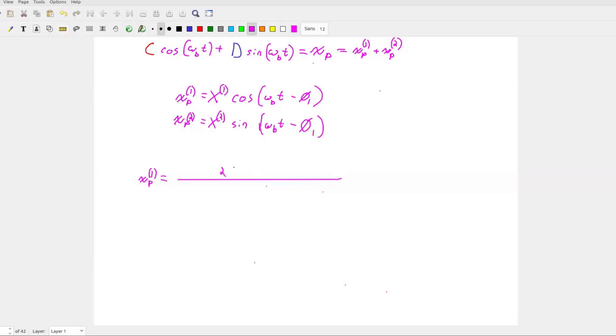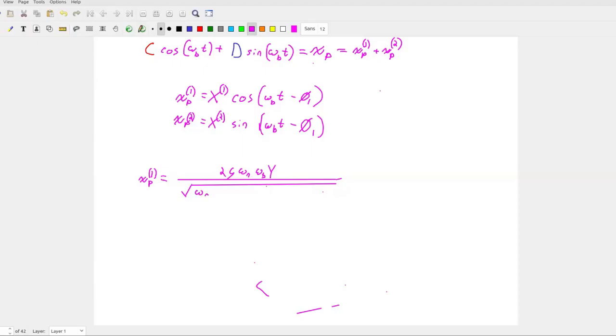We have 2 zeta omega n omega b capital Y over a pretty long radical. Maybe I'm overselling how long it is, but that keeps it clean.